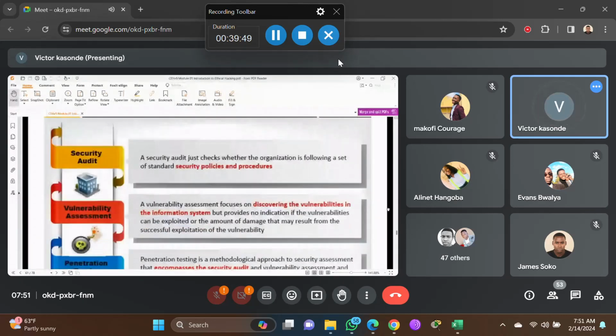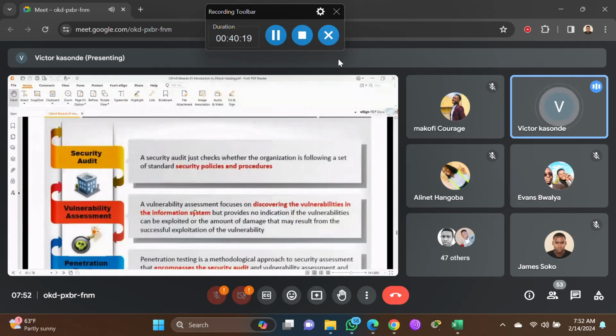Number two, vulnerability assessment. Vulnerability assessment focuses on discovering the vulnerabilities in the information system. So have you seen the difference? In an audit, they are checking whether the standard security policy and procedure are followed.